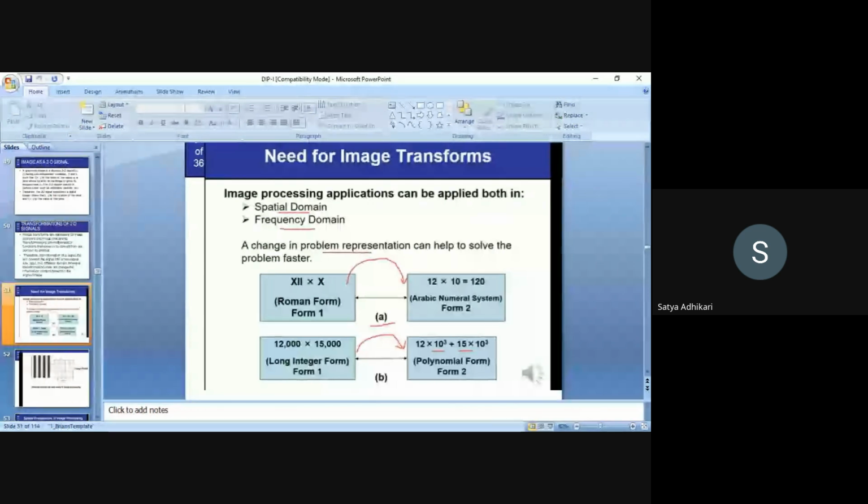But if we convert it to polynomial form, mantissa and exponent form, 12 into 10^3 times 15 into 10^3, it can be stored easily. You know the floating point representation. You recall that a large number can be saved in computer memory using floating point notation.